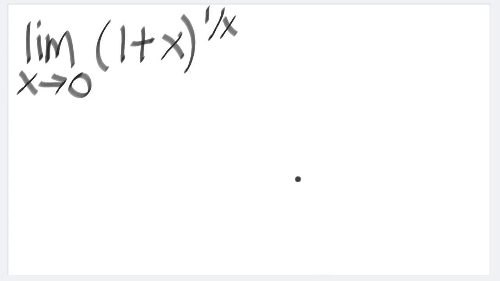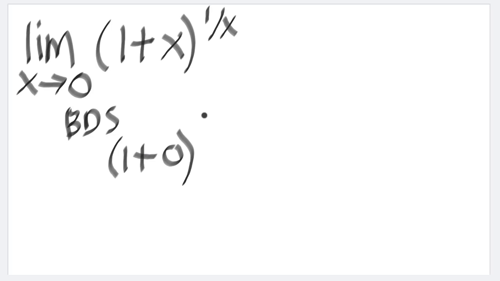What we know so far is that by direct substitution, you just have to substitute 0 here. That would be 1 plus 0, raised to 1 over 0. And we know that 1 over 0, according to the law of balloons, is infinity. So this one is equal to 1 raised to infinity.